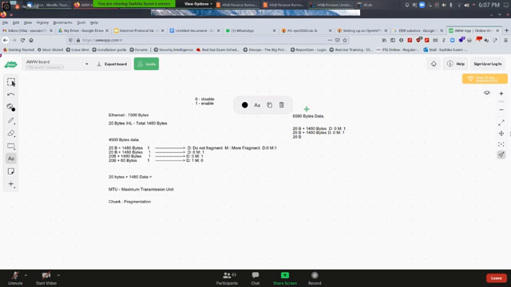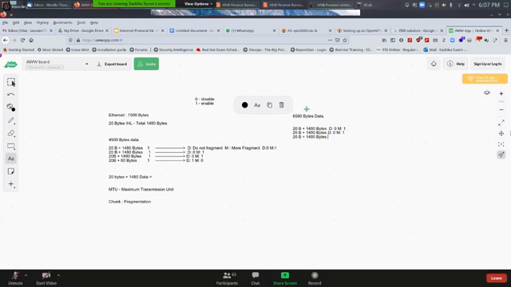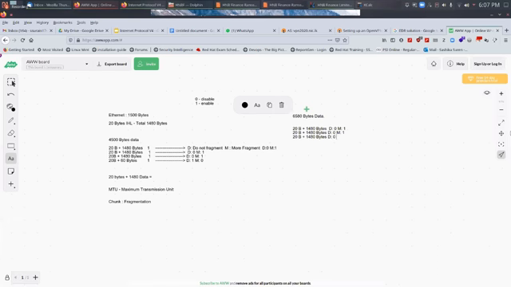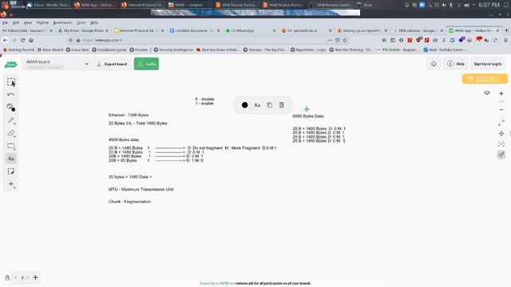In the next one also, we have 20 bytes of IP header plus 1480 bytes of data, do not fragment 0 and more fragment 1. Next one also 20 bytes plus 1480 bytes, again do not fragment 0, more fragment 1, because we still couldn't complete the whole data set, which contains 6,580 bytes.